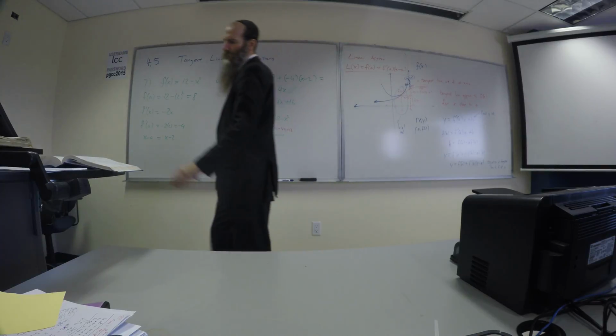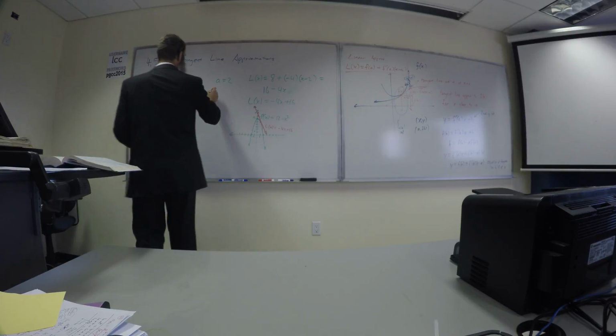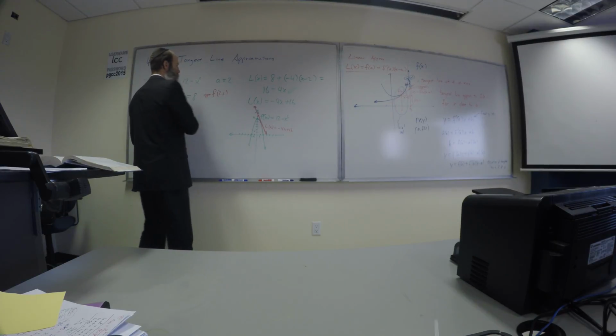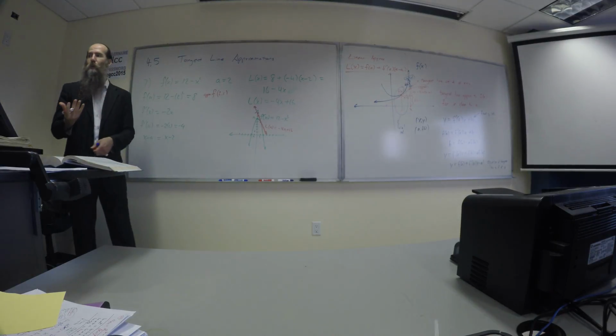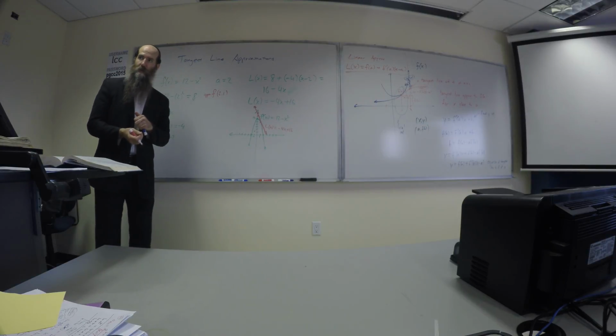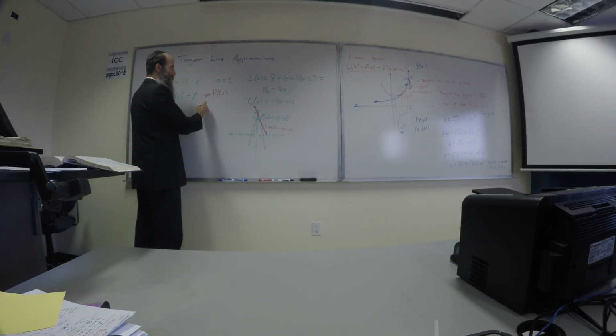So they tell us to now use the linear approximation to estimate the given function value. The given function value they want is f of 2.1. So approximate f of 2.1. We're going to put 2.1 into our tangent line, right? That is our linear approximation. So to approximate f of 2.1, we will take L of 2.1.